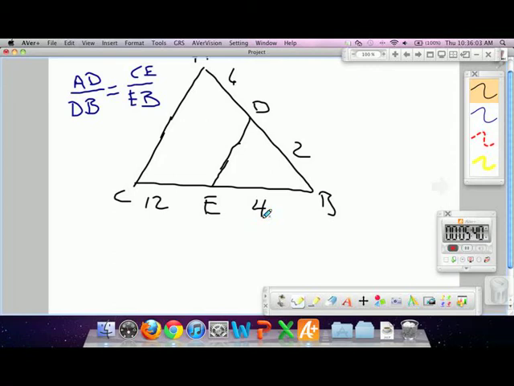If I know those side lengths, if these are proportional, then I can claim something about this line that I drew in. So if I can say like 6 to 2 is the same as 12 to 4. Are these sides proportional? These are equal ratios. So yes. Those are equal ratios. So therefore, something we can claim is that DE is parallel to AC.